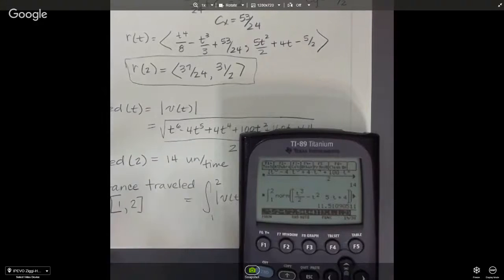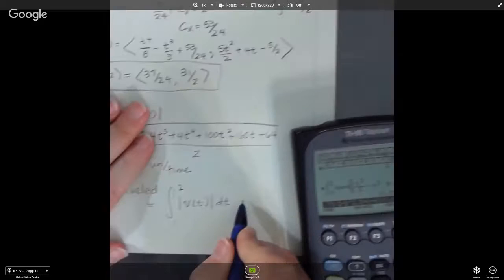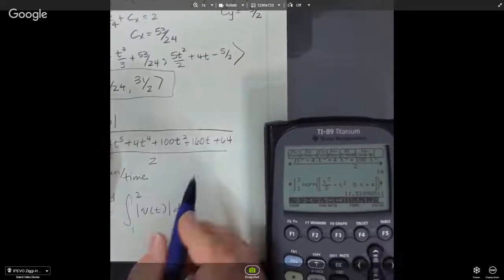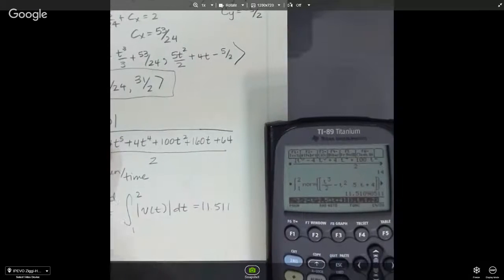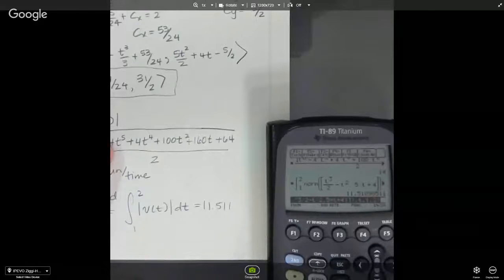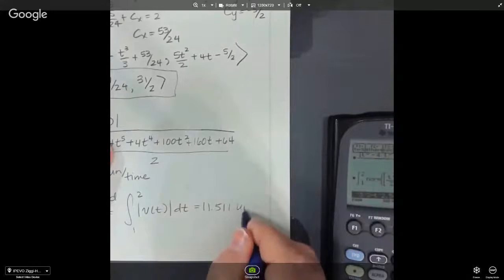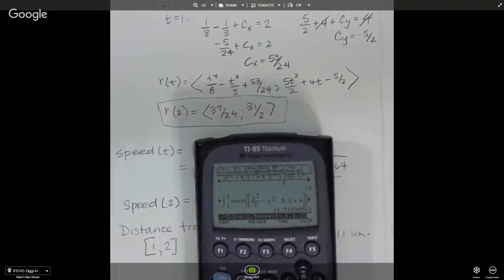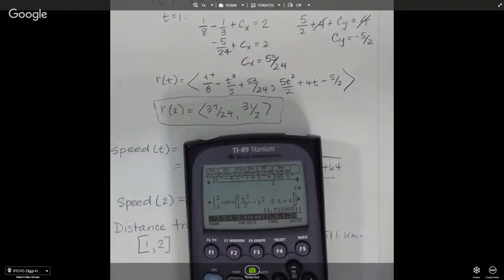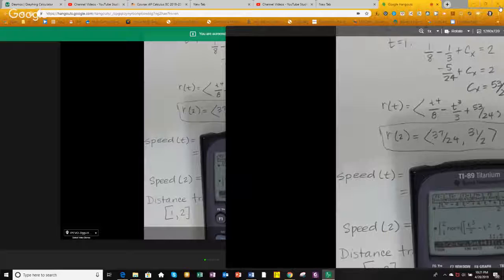So the distance traveled is, what is that, 11.511 if I'm rounding units, whatever the units are. Okay, so that's my quick lesson on how to do vectors using the TI-89, and you guys have a great night.